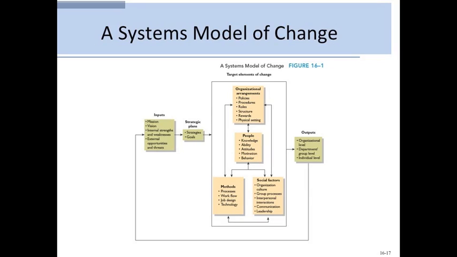All of those things are potential areas that will require change once the firm itself decides to change its strategy, decides to change how it goes about doing business. And changes in those areas are likely, or hopefully will lead to different outputs, the outputs that the firm actually desires to bring about from the change that it's implementing.